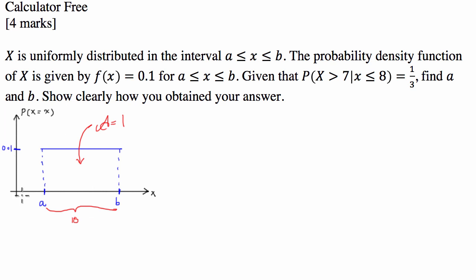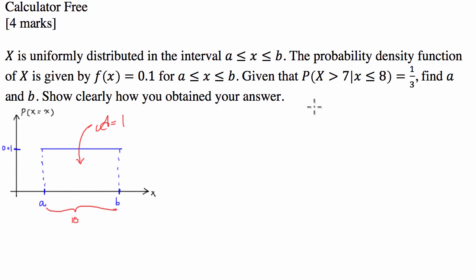Okay, so all these little rules or features of a uniform distribution are going to help us later on. Let's see what else the question is asking us to do. We have the probability that x is greater than 7 given that x is less than or equal to 8 is a third.